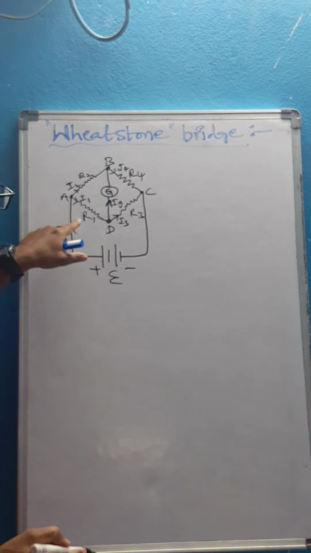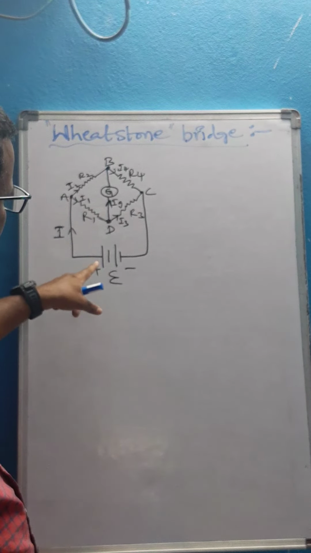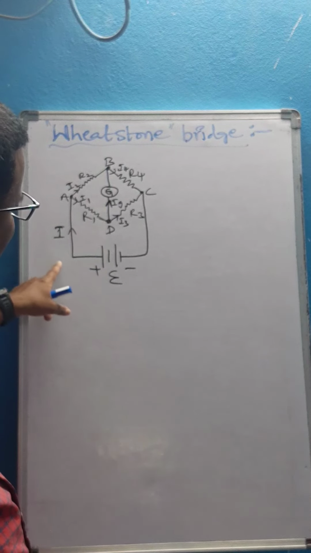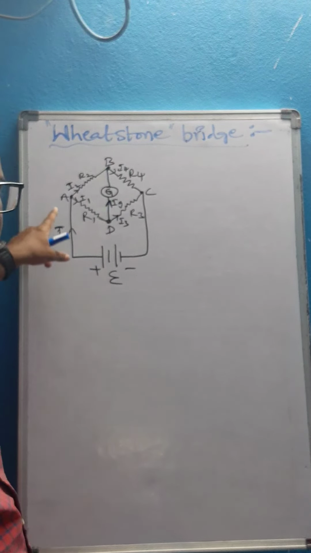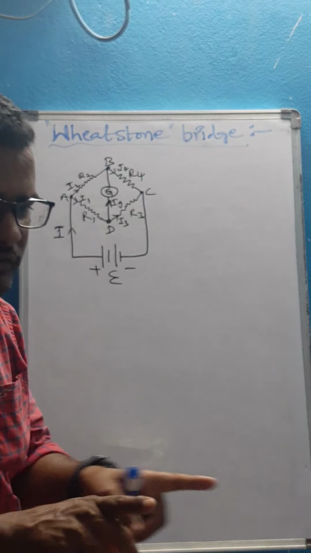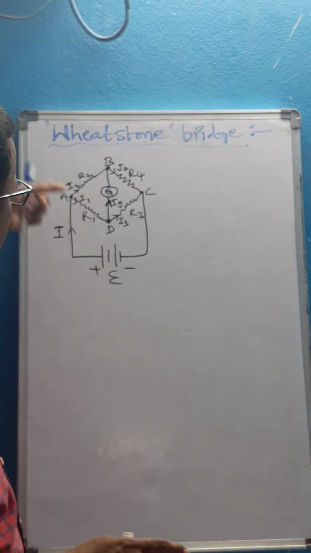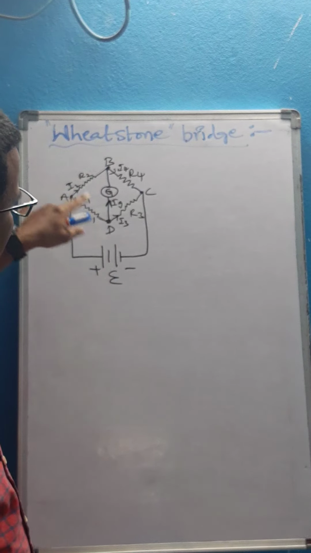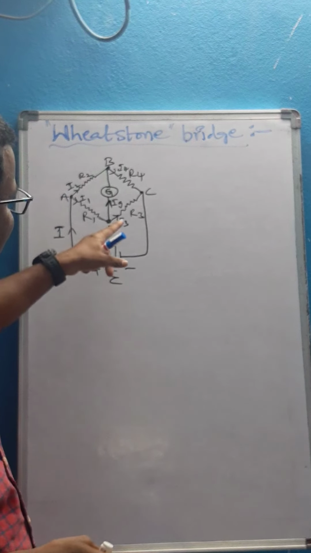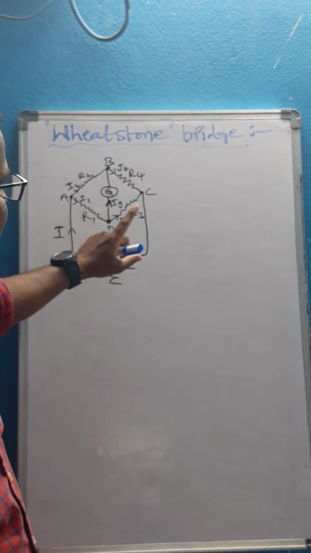First of all, from the positive terminal of the battery, the current I passes and reaches point A. At point A it splits into two currents, I1 and I2, and the I1 current again splits into Ig, the galvanometer current, and I3.